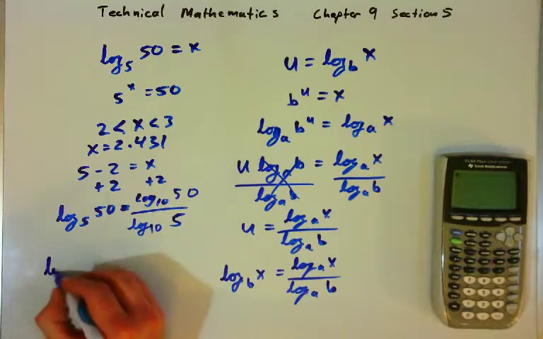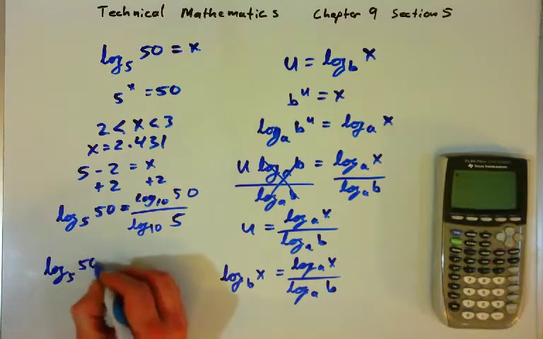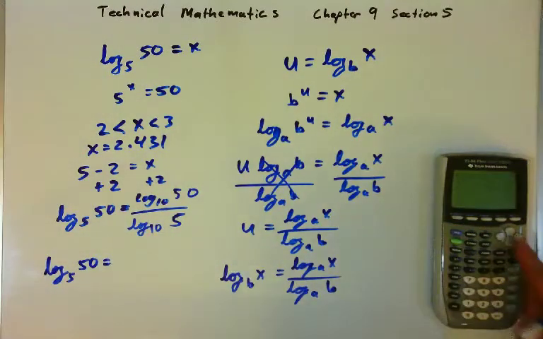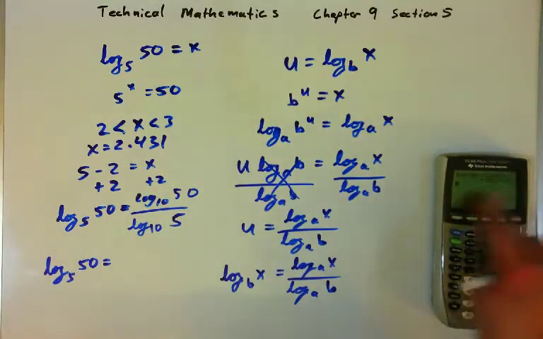So log base 5 of 50 will be equal to, and I'll type this into my calculator, the common logarithm of 50, close parentheses, divided by the common logarithm of 5, close parentheses.